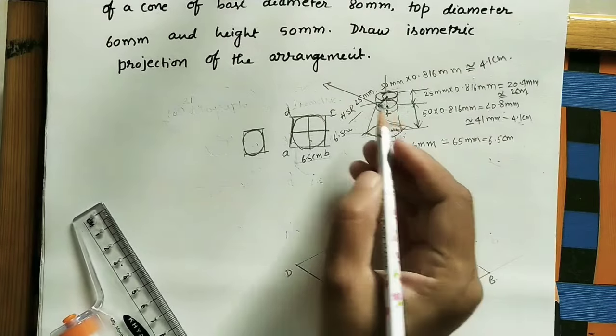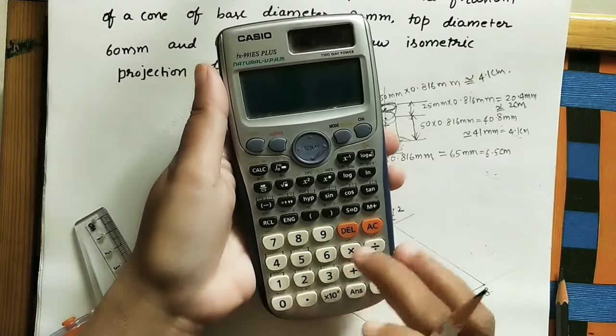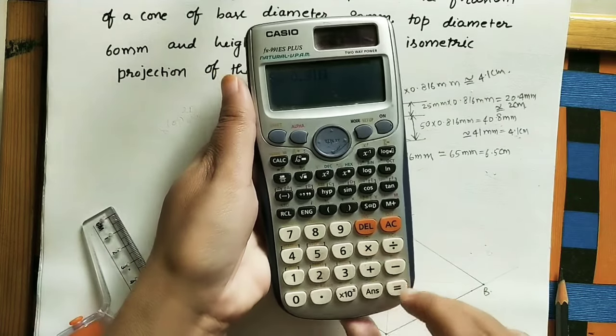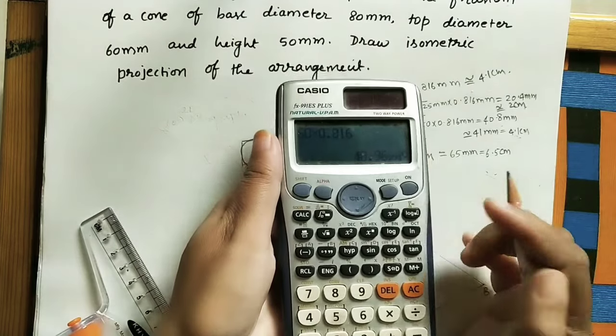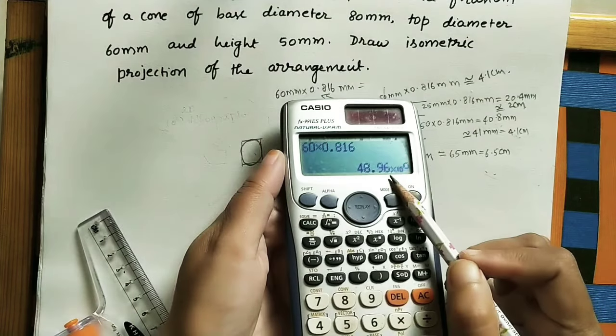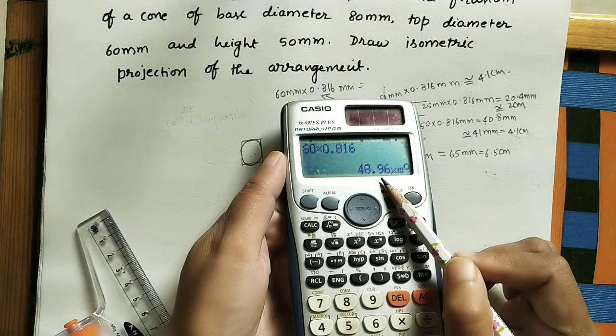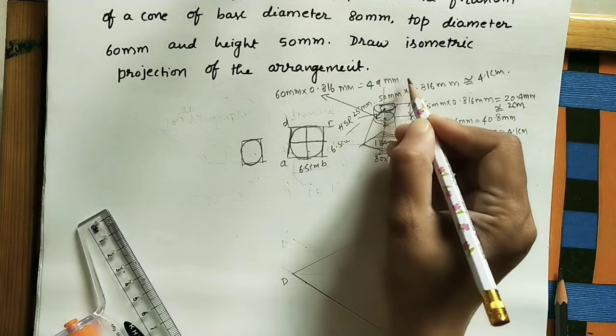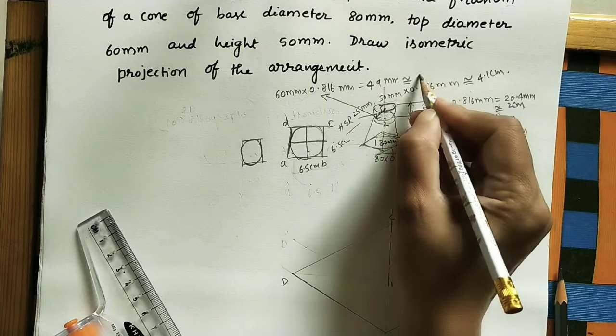Let us do it by using the calculator. 60 into 0.816. It is 48.96, or we can write it as 49 mm. So it is 49 mm or 4.9 centimeter.